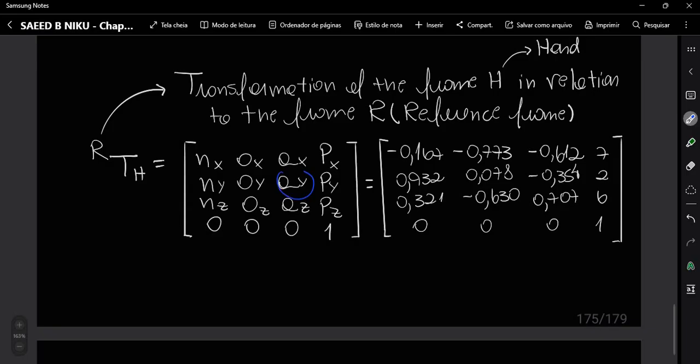So AY, its corresponding element is this one, minus 0.354. So let me just copy this.